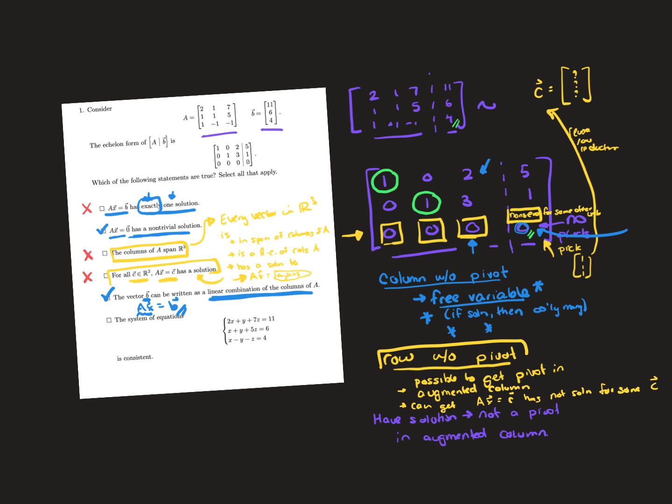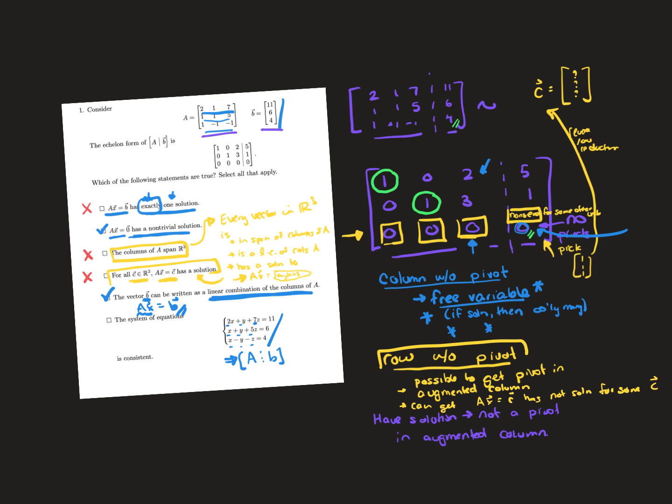And the last question is just about the system of equations. So again, the system of equations, if we look, those coefficients are 2, 1, 7, 1, 1, 5, and then 1, negative 1, negative 1. And the thing that it's equal to is 11, 6, 4, so that's exactly b. So this is exactly the system of equations that corresponds with this augmented system [A b].